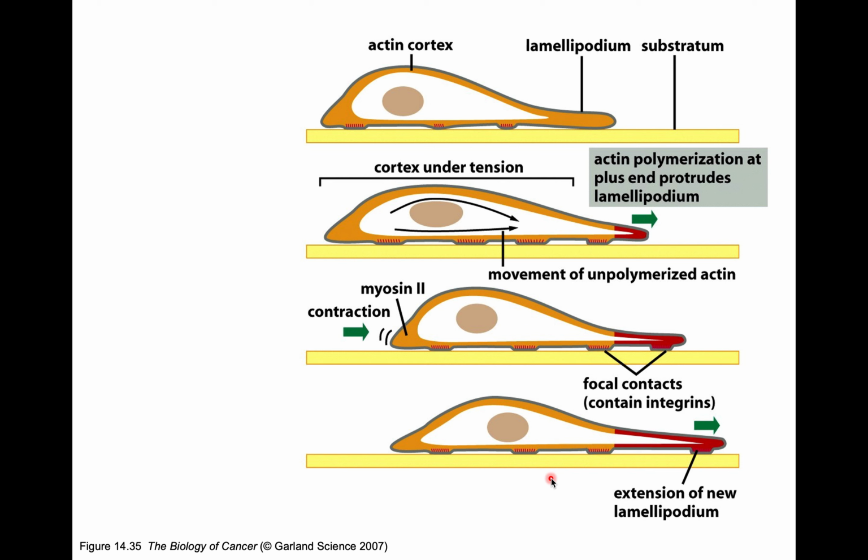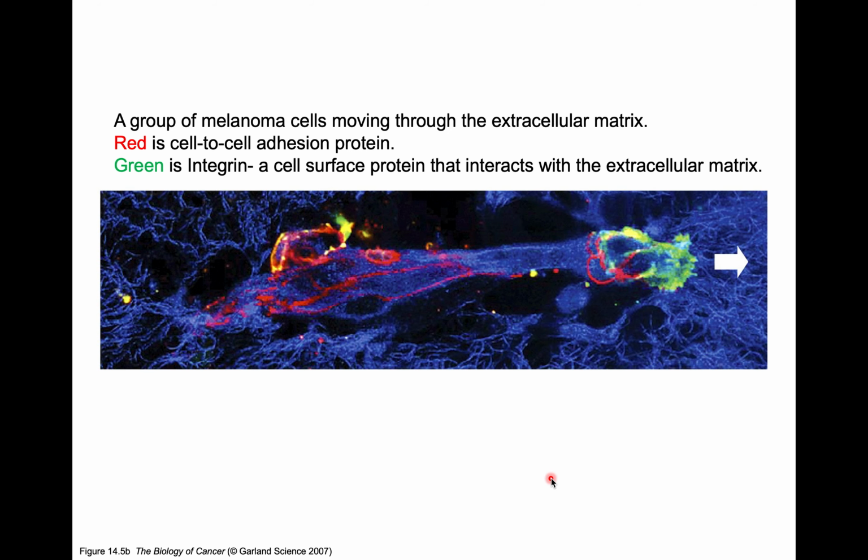Here you can see a cluster of cancer cells that are in the process of moving. So they've got the cell-to-cell adhesion protein labeled with red. So you can sort of see the outline of some of these cells in red here. So you've got this central cluster of cells. Much of the blue here is going to be extracellular matrix, and the green is labeling the integrin protein.